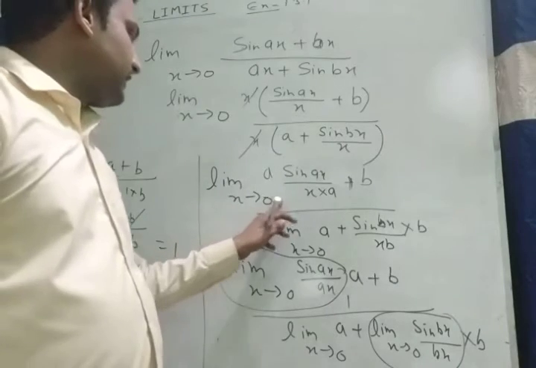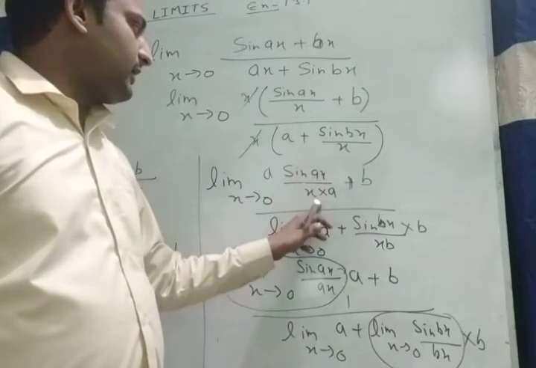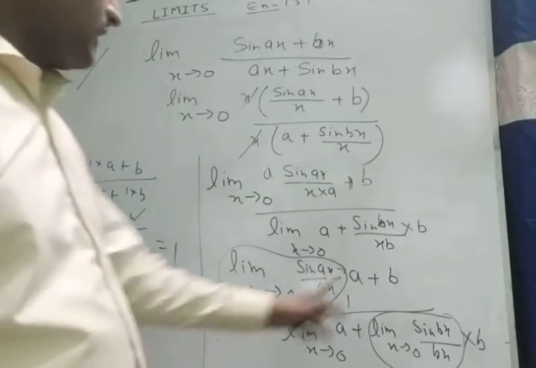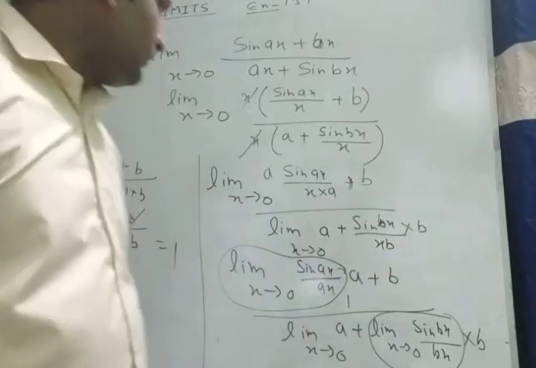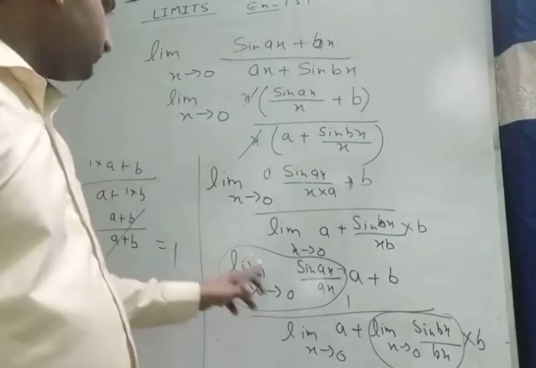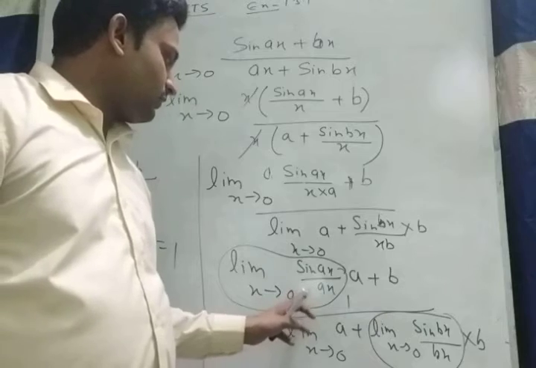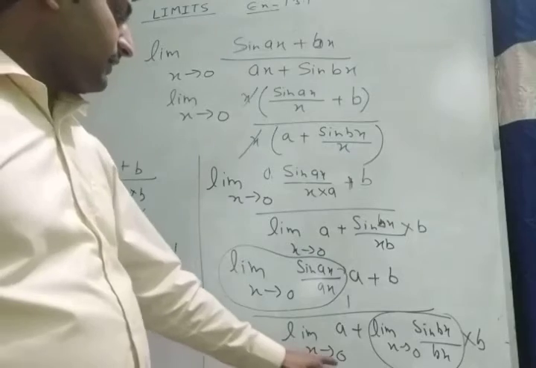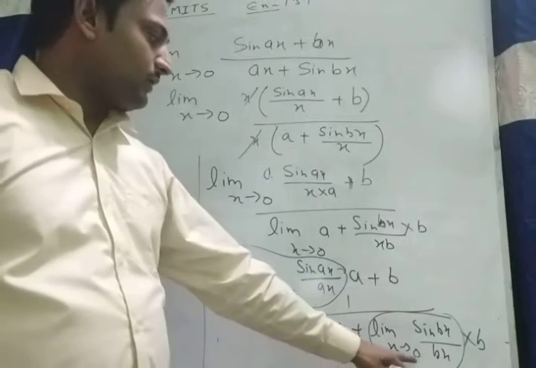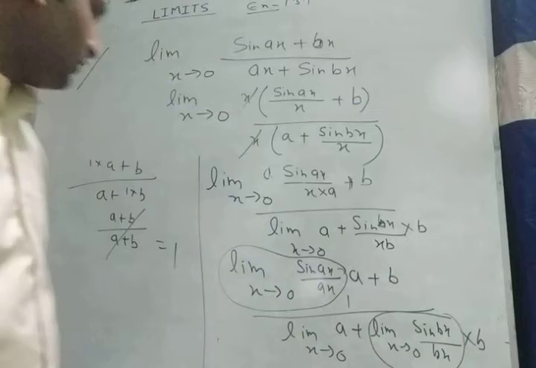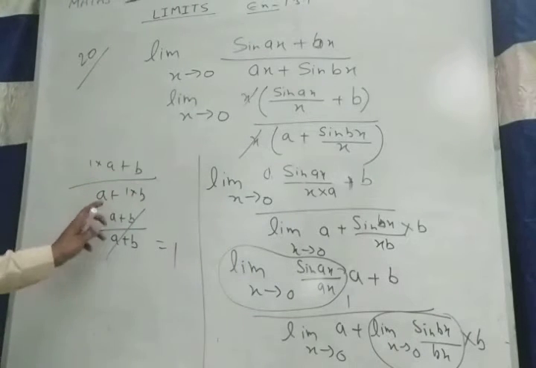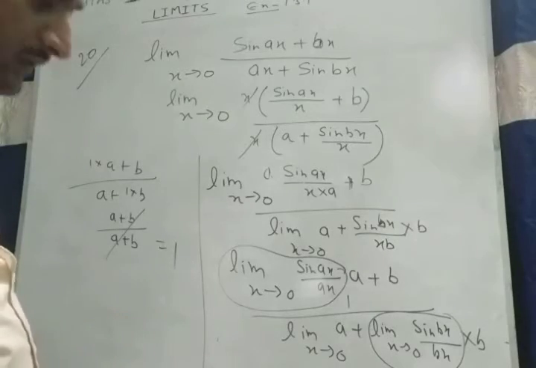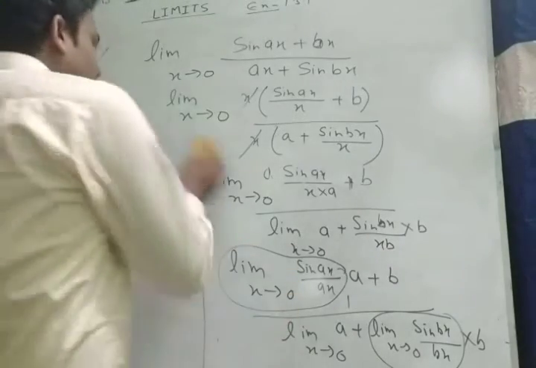Limit x tends to 0, a sin ax by ax plus b, we have multiplied and divided with a, again we multiply and divide with b, we get this term. Sin ax by ax into a plus b, limit x tends to 0, a, limit x tends to 0, sin bx by bx, this is 1. So 1 into a plus b, a plus 1 into b, so a plus b upon a plus b is equal to 1. Okay. Now we will see the next question.